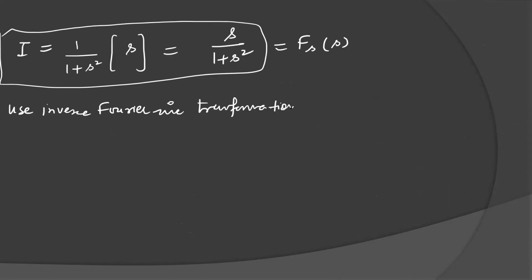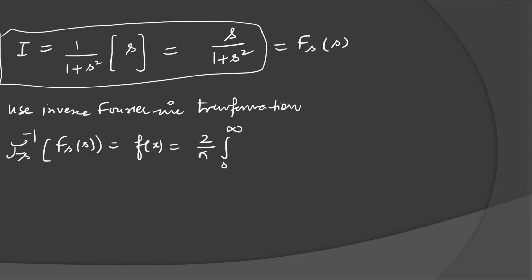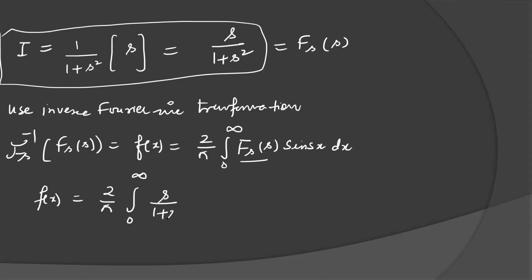I told you the formula: the inverse Fourier sine transformation of F_s(s) is f(x), equal to 2 over pi times the integral from 0 to infinity of the Fourier sine transform times sin(sx) ds. So f(x) equals 2 over pi times the integral from 0 to infinity of s over 1 plus s square times sin(sx) ds. What is your f(x)? f(x) is e to the power minus x. Here I am using mod x because x is greater than 0, so e to the power minus mod x becomes e to the power minus x only.